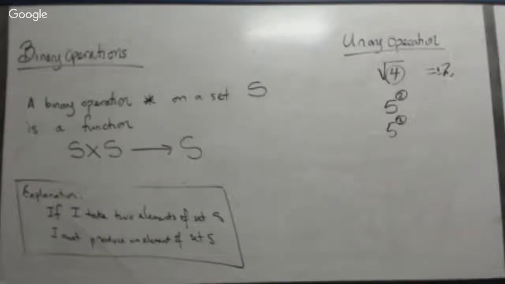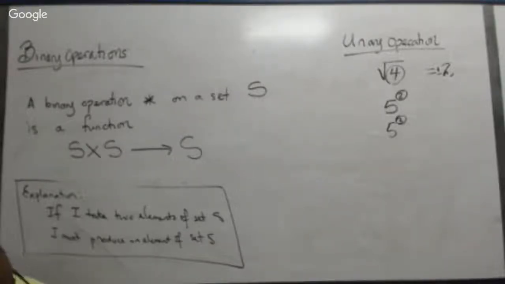Let us look at this definition using the operation of addition and the set of real numbers. If we take any two real numbers and add them together, we get a real number. Is that the case? Think about it. If I take any two real numbers and add them, I will get a real number. For example, note that this is not a proof. Remember, I cannot use an example to prove something is true.